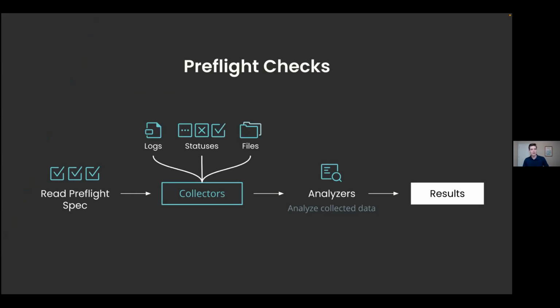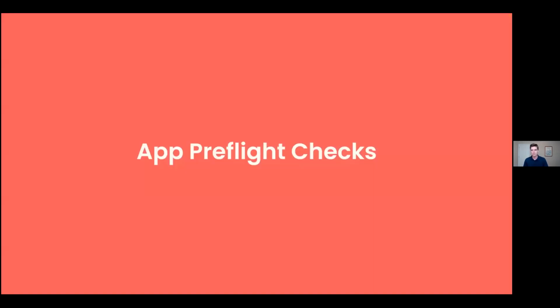So looking at this all together, we read in a preflight spec, which we said is just a YAML manifest that defines the collectors that are going to run to collect things like logs and statuses and files and resources in the environment, to collect up all that information and then run the analyzers that we've defined against that collected information to produce our results, which are a series of pass, fail, or warn outcomes that give us an indication of whether this environment meets the requirements that we've defined in these preflight checks for our application or for Kubernetes, depending on what we're installing at the time.